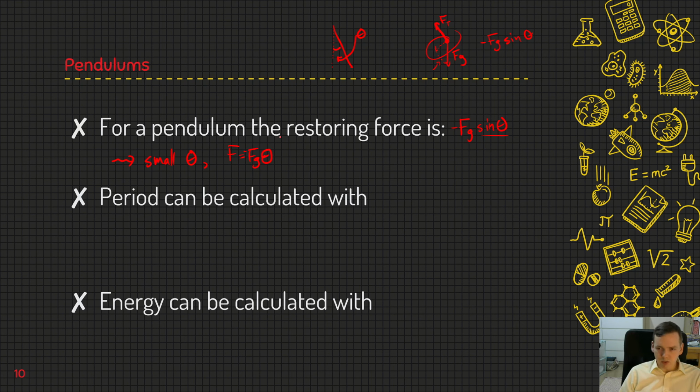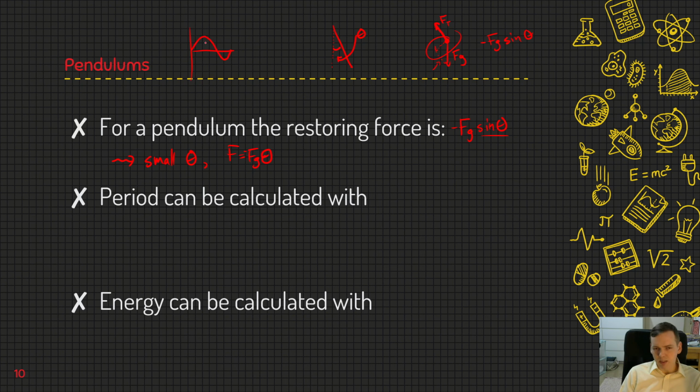You can try this on your calculator, just plug in some numbers real quick. If you have a really small angle, theta and sine of theta are basically the same. It makes sense, because if you think about the beginning of a sine curve, it's increasing at a slope of roughly 1.